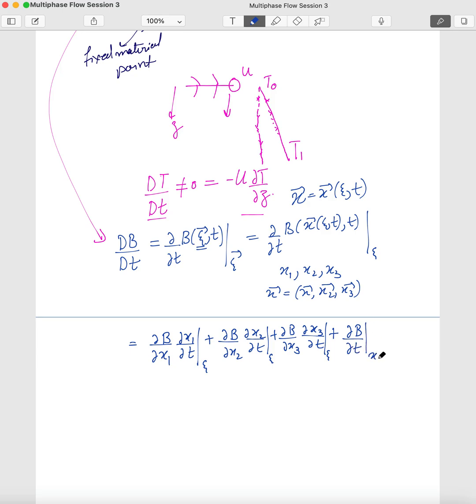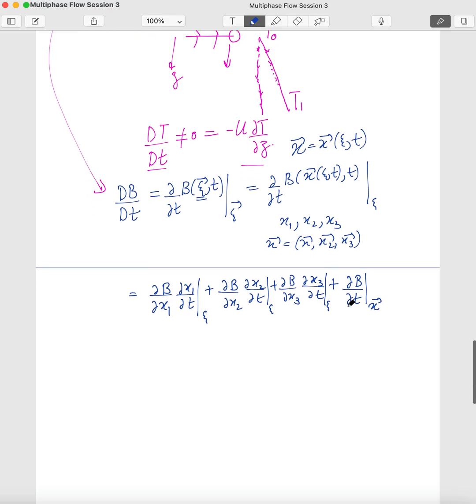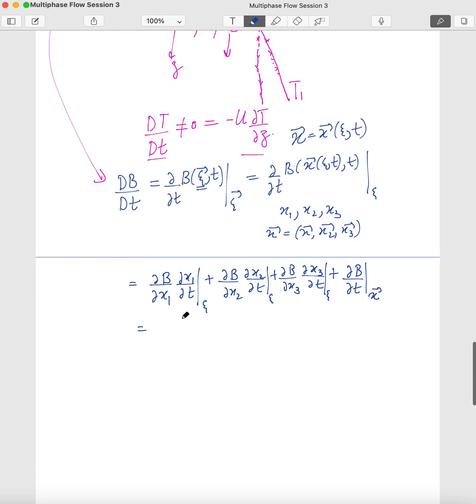So basically what we get is v1 del B by del x1 plus v2 del B by del x2 plus v3 del B by del x3 plus del B by del t at fixed Eulerian point, and this should be equal to dB by dt.